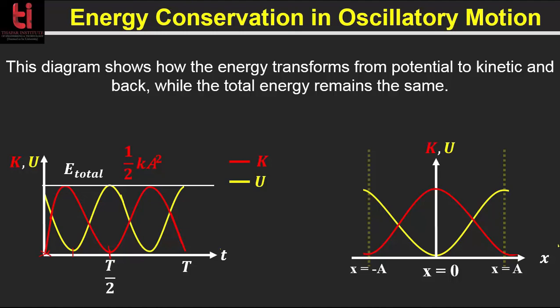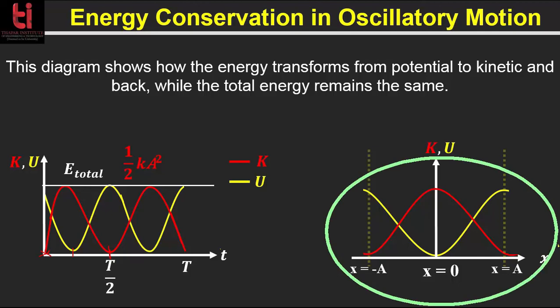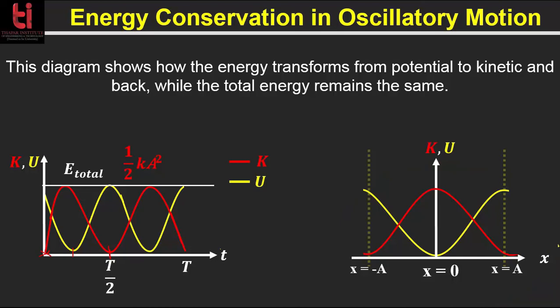So from the equation, the potential energy is equal to half k x squared, and this represents the equation of a parabola. So the potential energy is a parabola in x. When x is equal to 0 here, that means when the spring is at its resting position, the energy is all kinetic, as the velocity is maximum here.